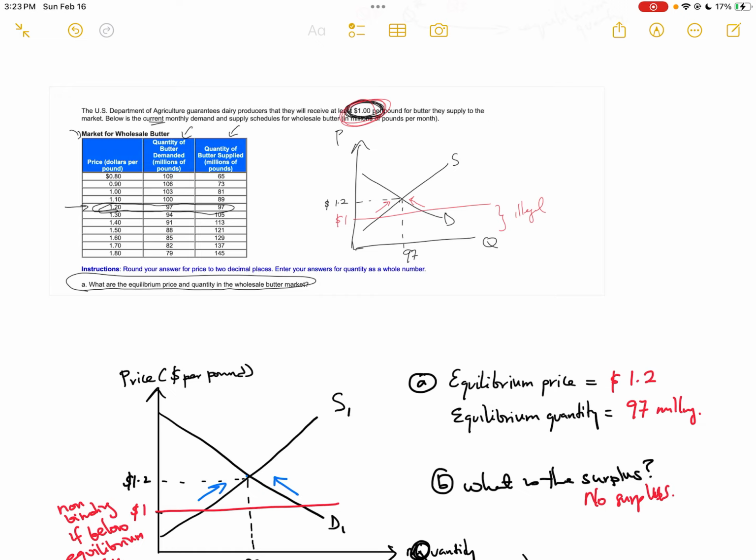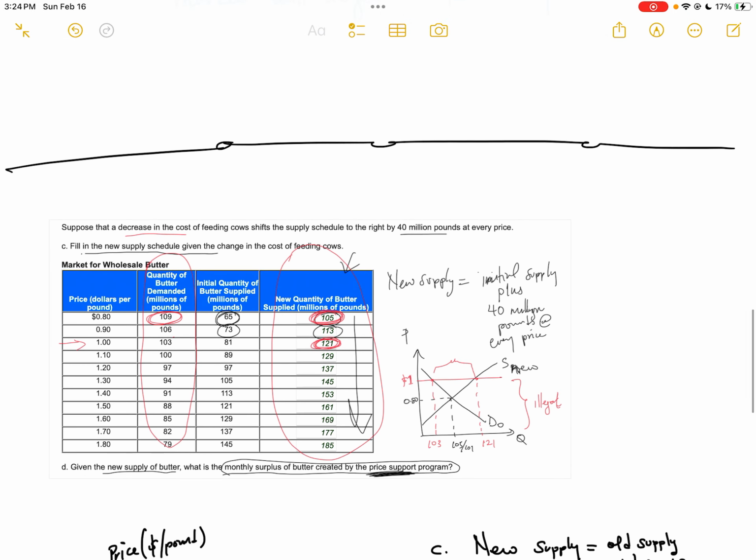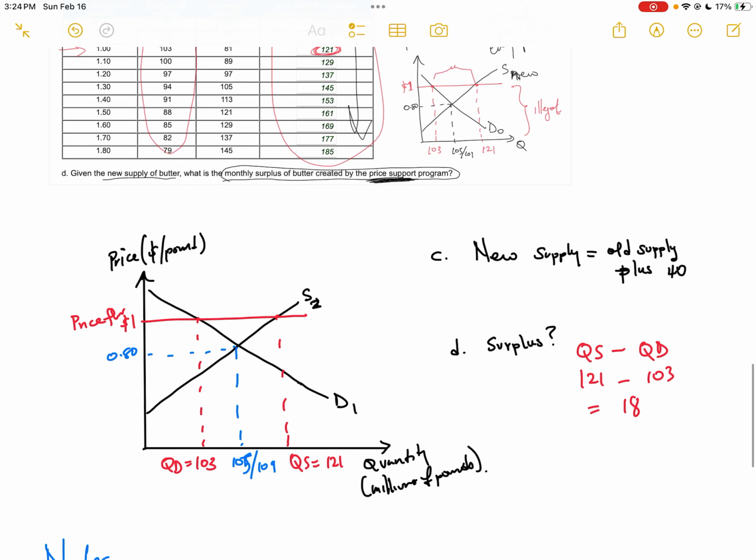And so when we have a different scenario where the supply curve shifts to the right because the cost of feeding cows is now less expensive, we see a different case where the new supply curve is intersecting the initial demand curve at a much lower price, and so that $1 price support is placed rightfully above the equilibrium of 80 cents, and thus binding, and so creates a surplus, and that is what we have uncovered.